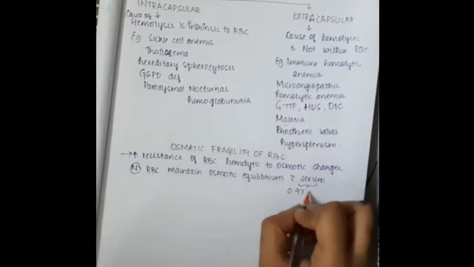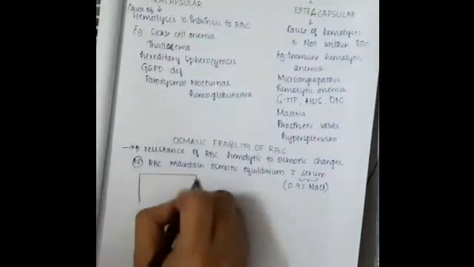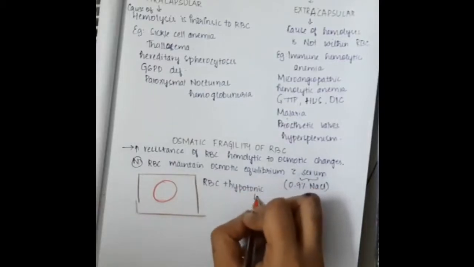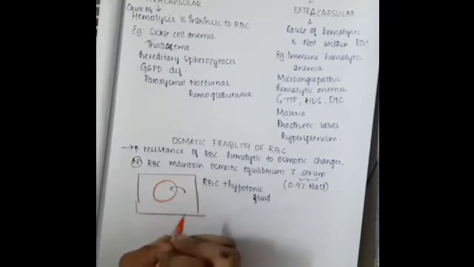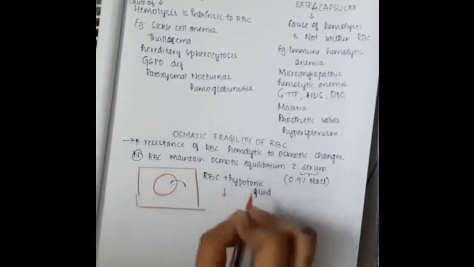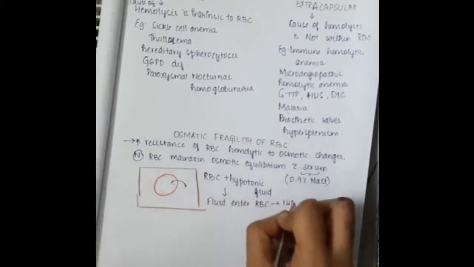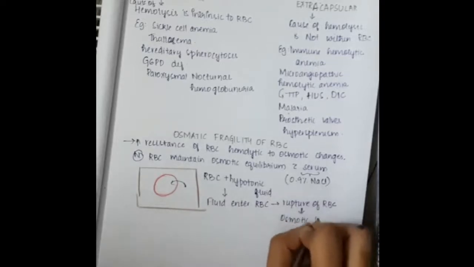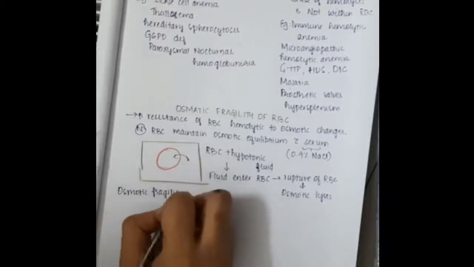That means if you put the RBCs in a container filled with serum, then the RBCs will be completely normal. But if you put the same RBCs in hypotonic fluid, that means the surrounding fluid has less osmolarity compared to the RBC, there will be movement of water from the extracellular environment into the RBC. Then the RBC swells up and ruptures, leading to osmotic lysis.